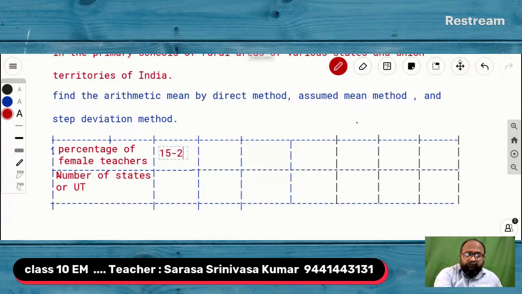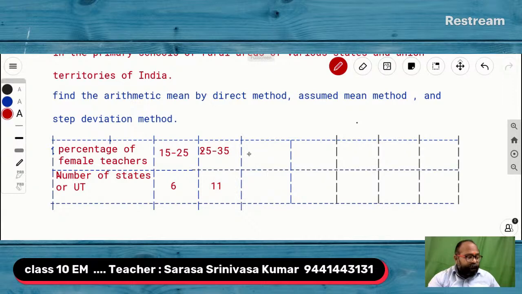This is the first interval. Here we have 6. Second interval is 25 to 35. Number of states or union territories is 11.